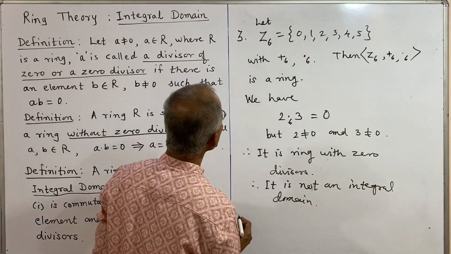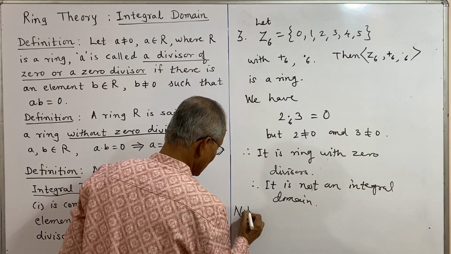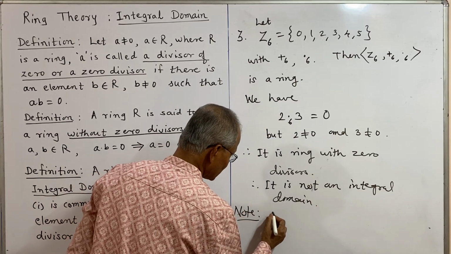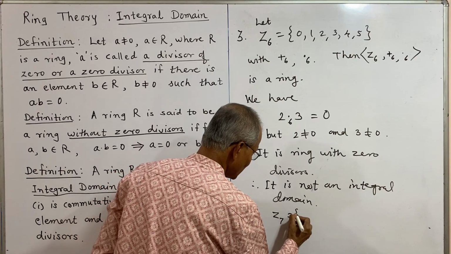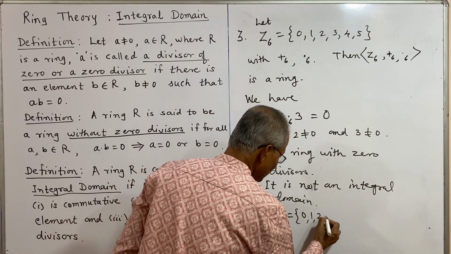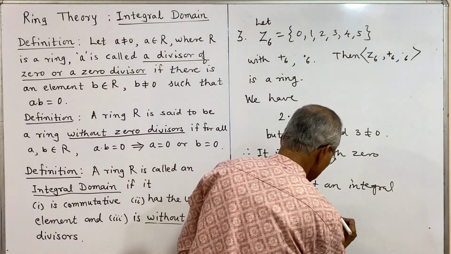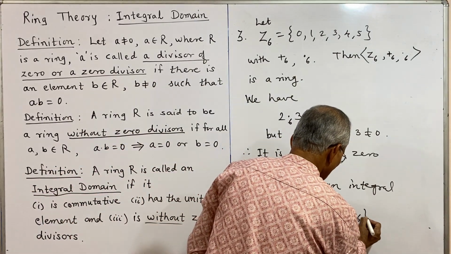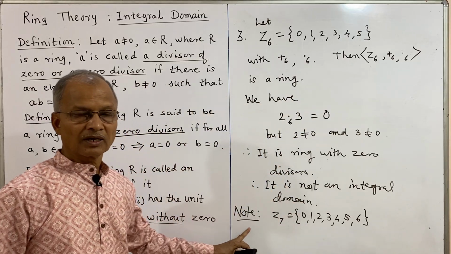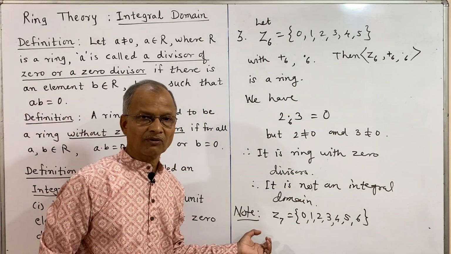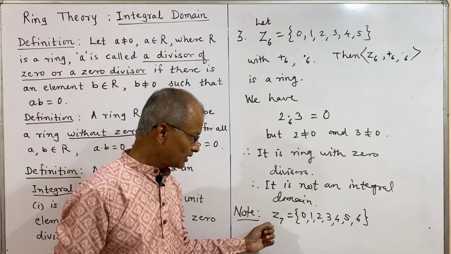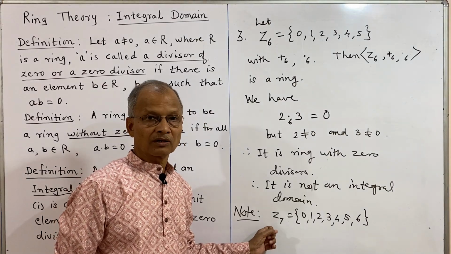On the other hand, note Z7, which is the integers modulo 7, 0 to 6. We have seen this as an example of a field, and therefore this is also an integral domain.